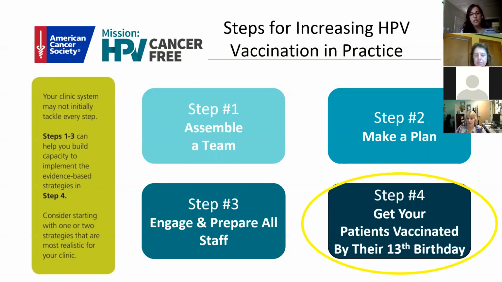So fast forward 7 or 8 months of all this work that we've been doing, we're getting our kids vaccinated. And so we know that this process is not linear, that it ebbs and flows depending on who's in our team, who exits our team, who enters our team, how we modify our plan based on obstacles that we can control and obstacles that we can't control. And of course, always refreshing that education, because we know that HPV is one thing that you're working on among a million other things in the clinic.